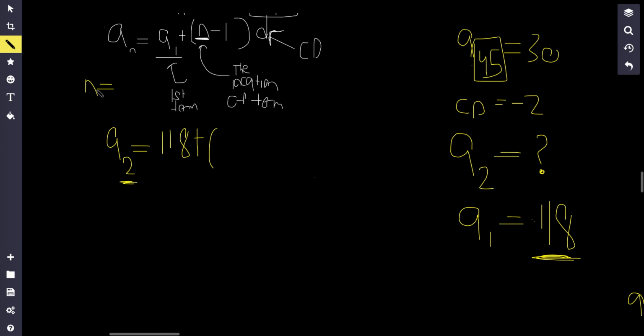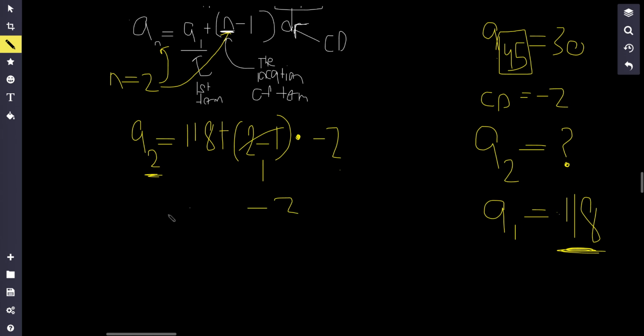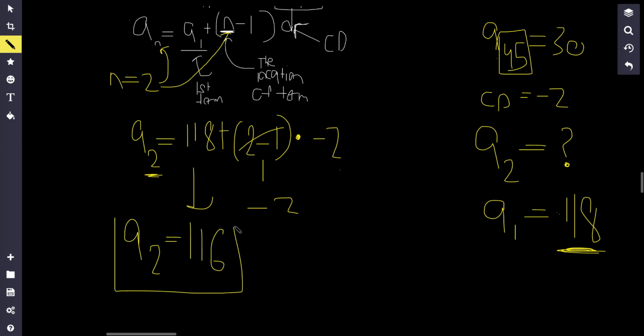So we plug in a 2 for this n. So it's going to be 2 minus 1 times the common difference, which is -2. 2 minus 1 is 1, and 1 times -2 is -2. So a sub 2 is going to be equal to 118 minus 2, which is 116. And that's going to be our answer.